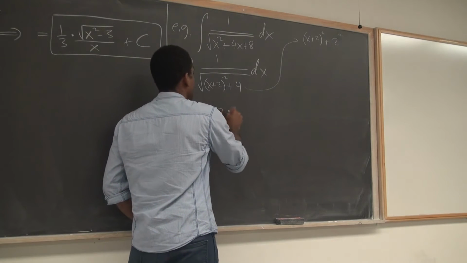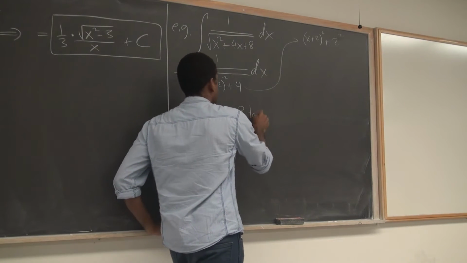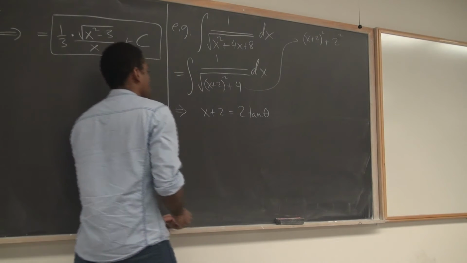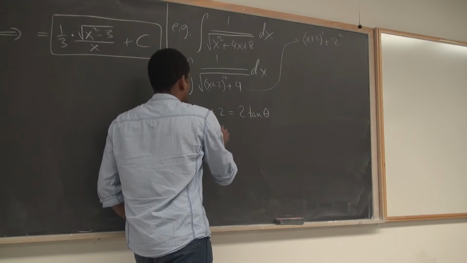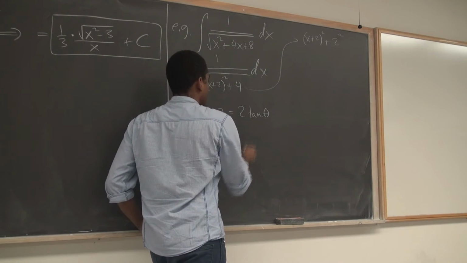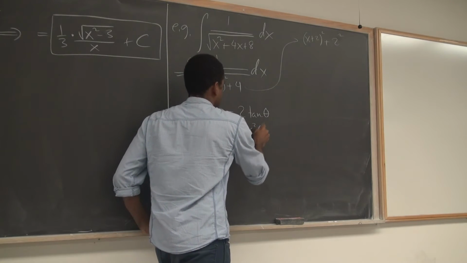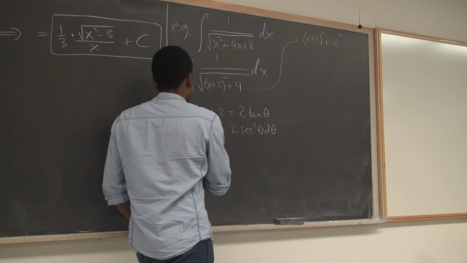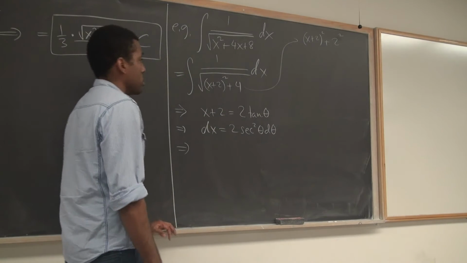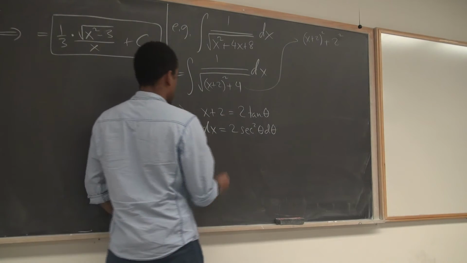x plus 2 is equal to 2 tangent theta. This means dx is equal to 2 times the derivative of tangent, secant squared theta d theta. This means I can plug this guy in.